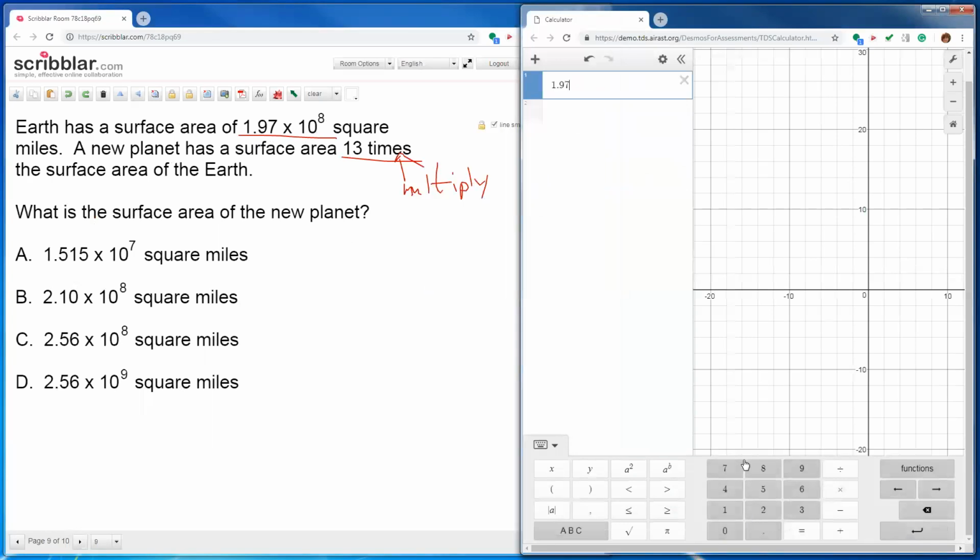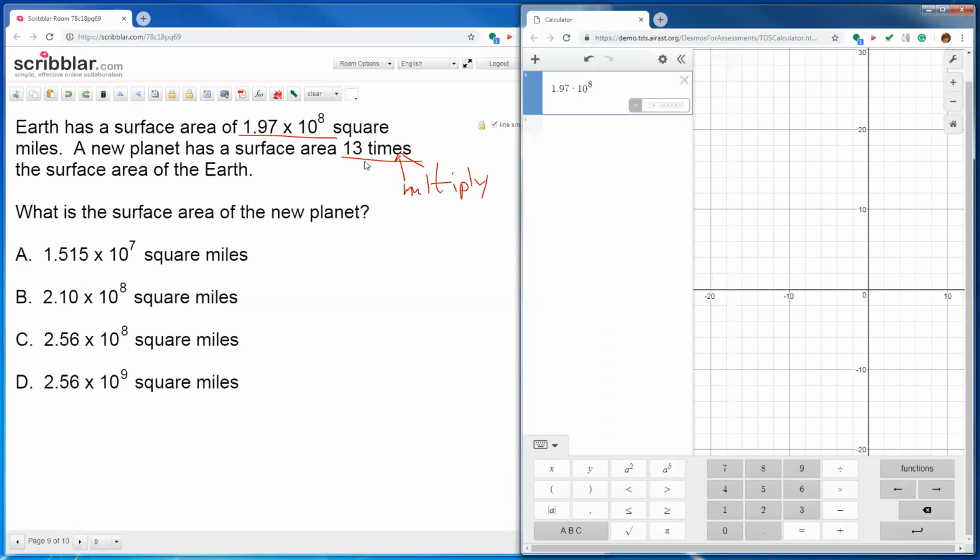So you type in the 1.97. We don't have the X multiply. I guess the button says X, but when you hit it, it's going to put the dot, and then 10 raised to the 8th. You'll type in the 10, and you'll see this A with a little B above it. You click that, and it takes you above, and you type in the 8.